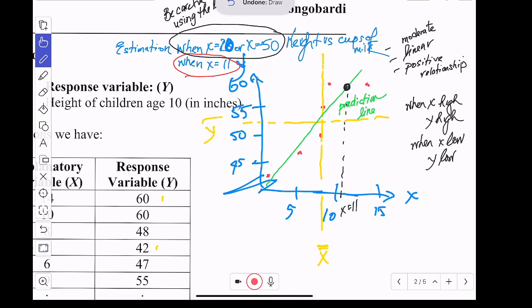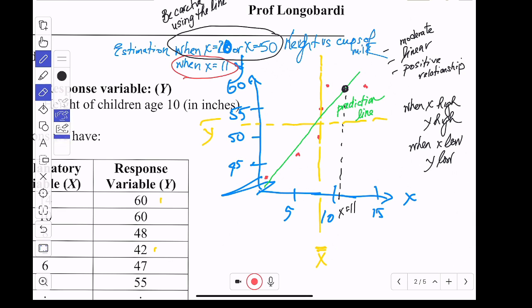So students often ask me, well, how far is too far? And that depends on the data set and the variation of that data set. If it's much more spread out, you can go a little bit further, I guess. If it's much tighter, you want to stay close to it, right? So yeah, it depends on the variation.